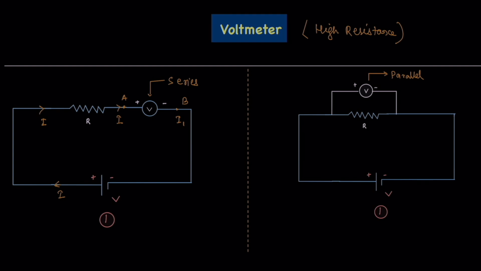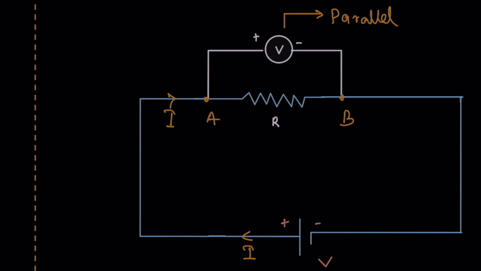In parallel, if we see, this is the current I, here is current I, this is point A, this is point B. If we zoom in, the current will split into two parts, I1 and I2. This I2 will face high resistance due to the voltmeter. So there will be no flow of I2 through the voltmeter. So here I1 is actually I.